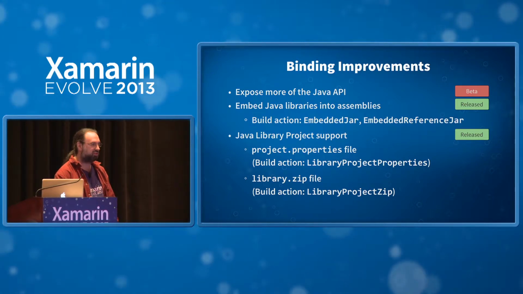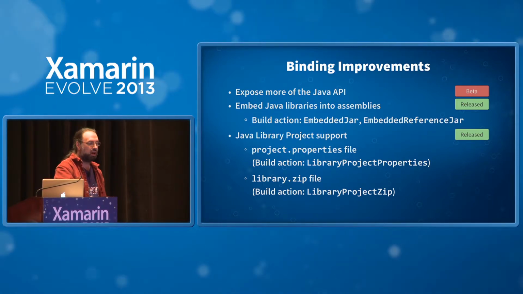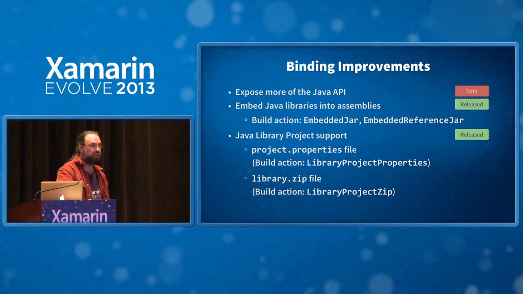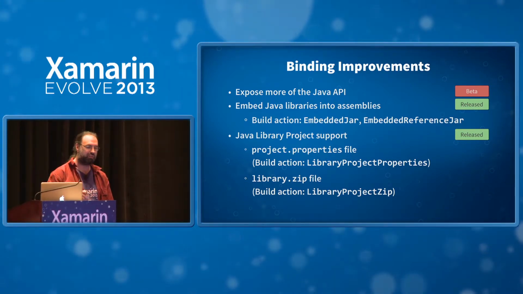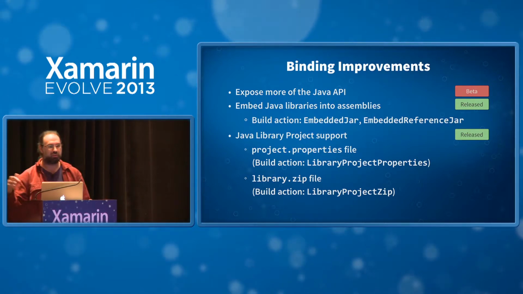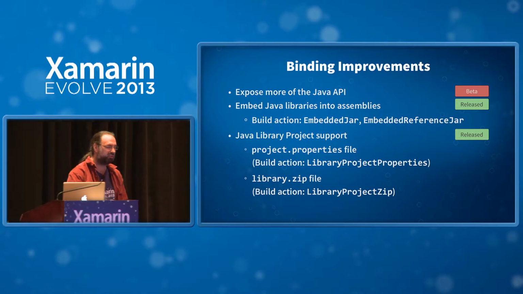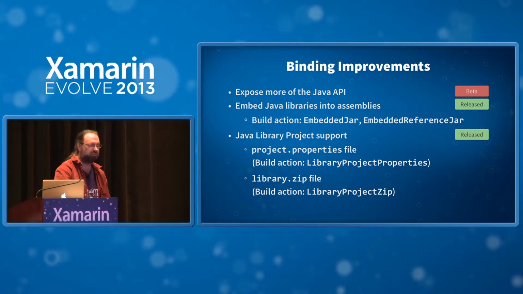Java library projects can also contain Android resources, but they do it slightly differently in that they require that you refer to the entire directory structure in order to do things from Eclipse. Well, we don't want to be referencing entire directory structures. That gets cumbersome.